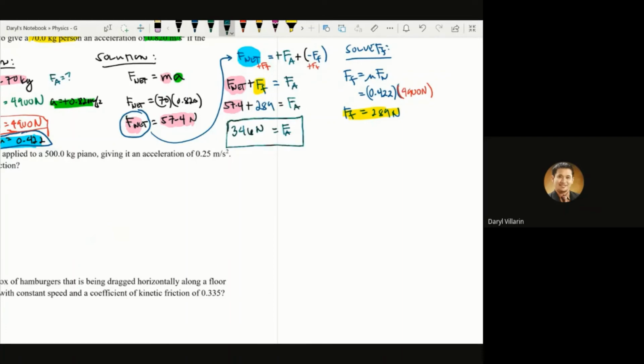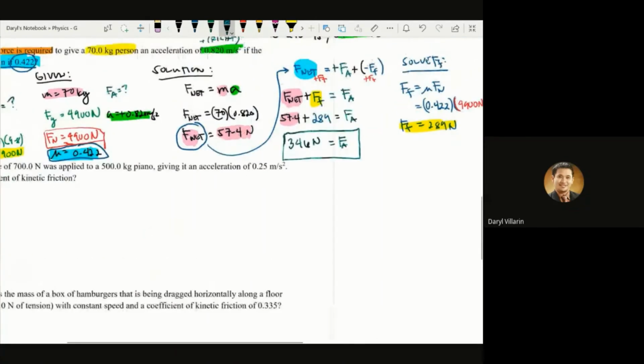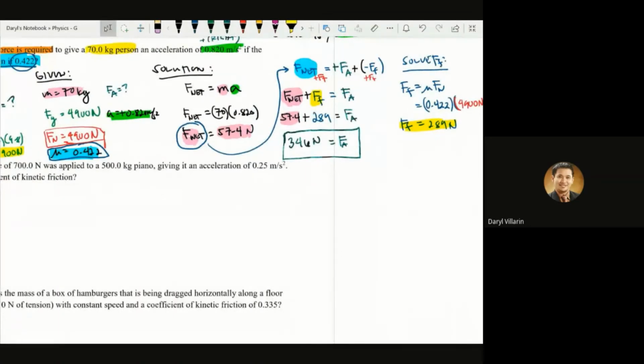And it also makes sense that the applied force must be bigger. So the applied force must be bigger in magnitude compared to the frictional force. Because if it's not, well, there should be no acceleration. So if the friction force is bigger, well, either it's not moving or it should be slowing down.